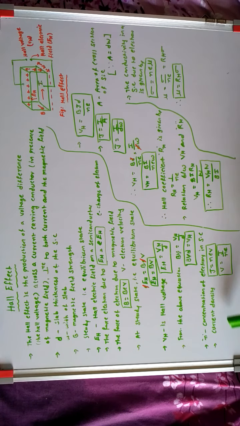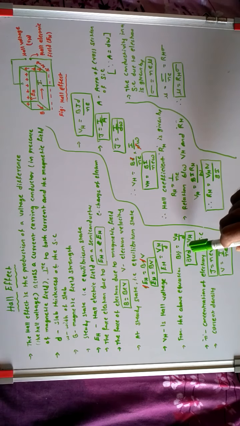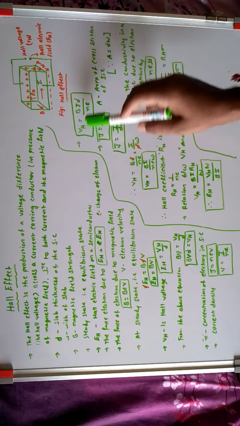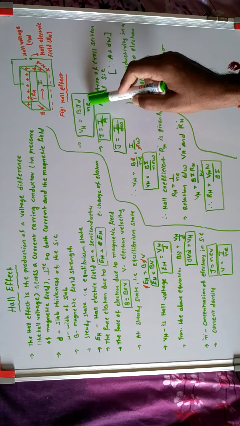Write the current density equation, which you already know: J equal to nev, so v equal to J by ne. Substituting the velocity v into the VH equation, VH equal to B d J by ne.